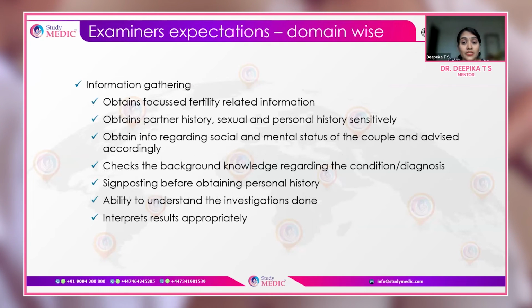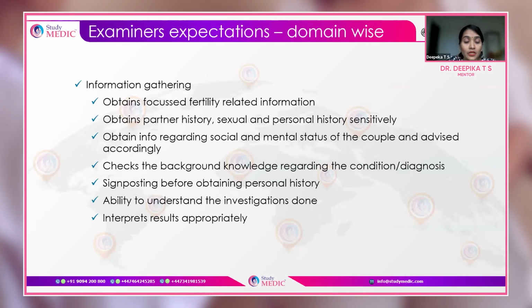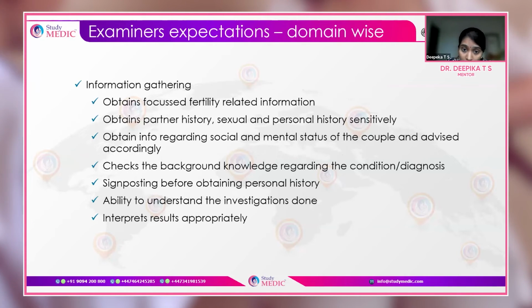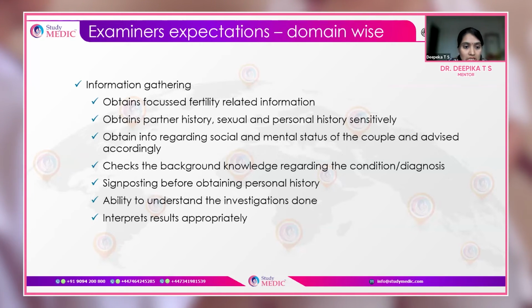So coming to the examiner's expectations domain-wise, what are the expectations in subfertility stations especially? If you take information gathering, they'll see whether you're getting focused fertility-related information and partner history, sexual and personal history, sensitively. You have to ask them sensitively. Then information regarding social and mental status, and then you have to advise accordingly.